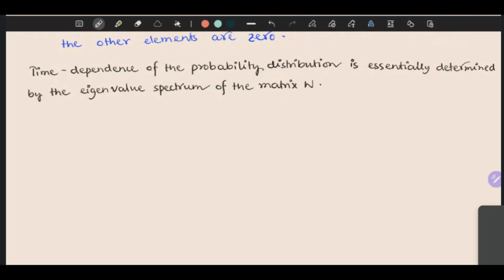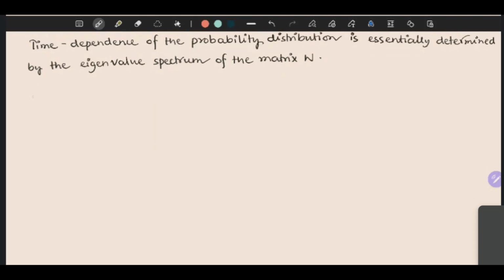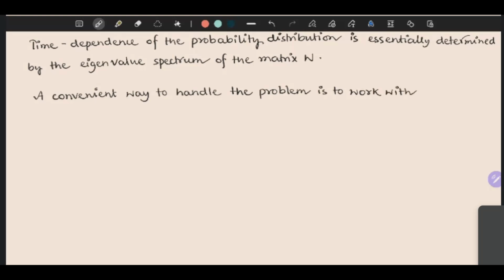Now exponential of this matrix is not very easy. A convenient way to handle the problem is to work with the Laplace transform.